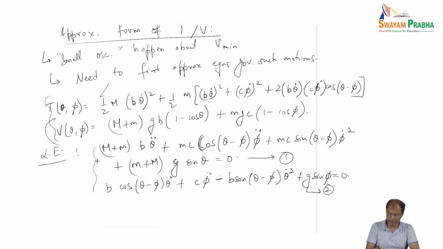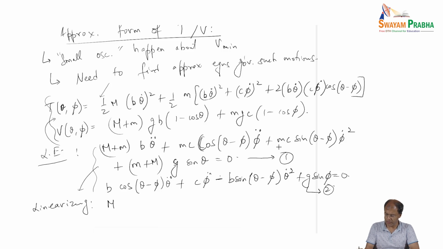And if we were to retain only the linear terms, let us look at an approximate form of these two equations, where the non-linear or higher order terms other than the linear terms are dropped. Linearizing, we get the following equations.